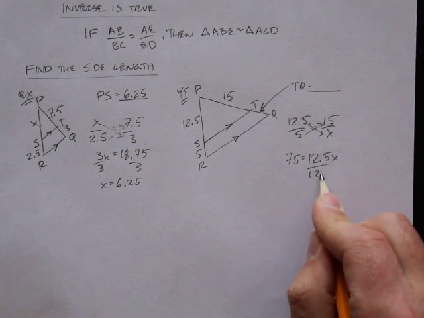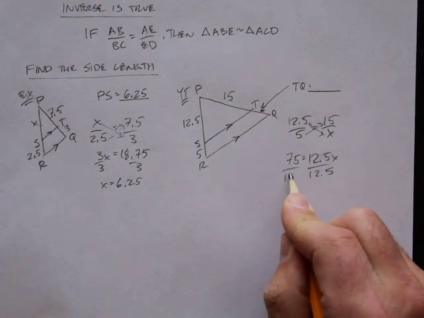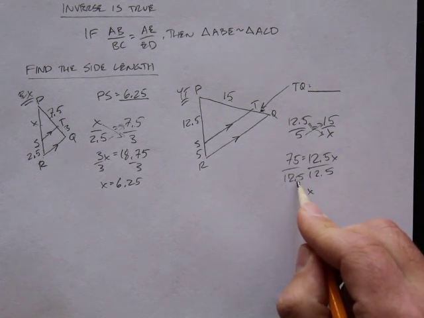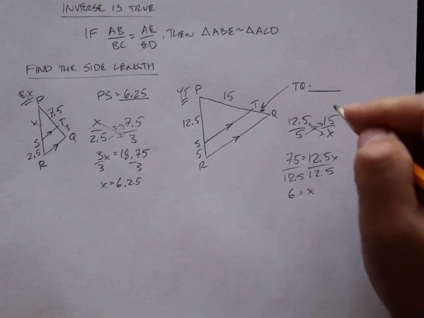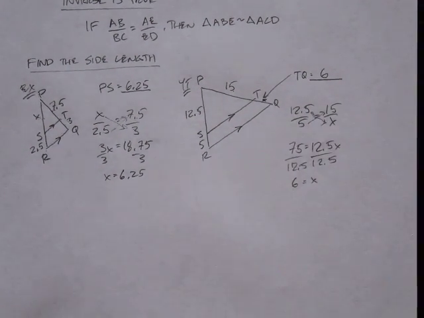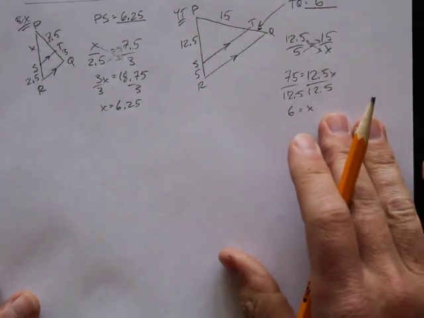Divide both sides by 12.5. x equals 75 divided by 12.5, which is 6. So TQ is 6. I hope you guys got that one right.